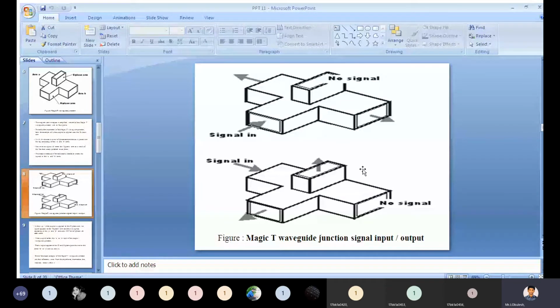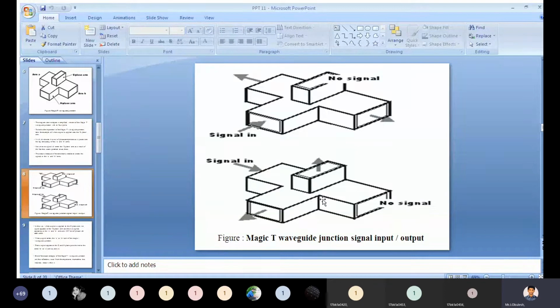Let us assume the signal enters arm A. What will happen? No signal will come from this port, arm B, until getting output from the E plane arm and H plane arm.